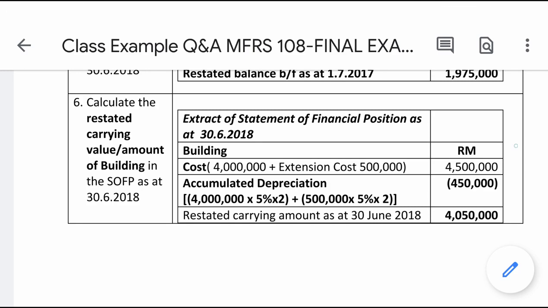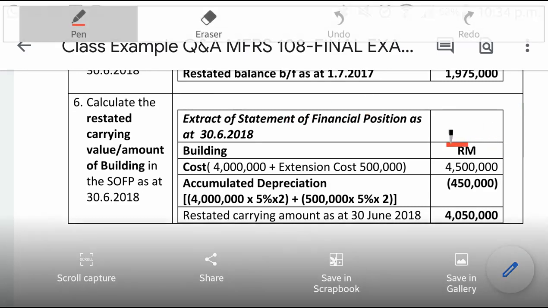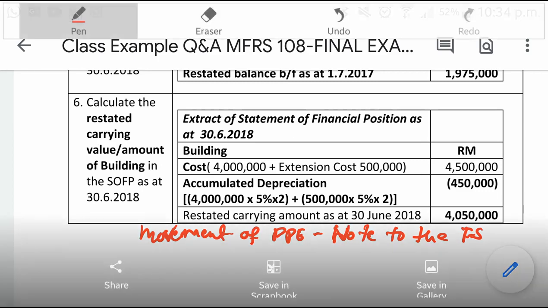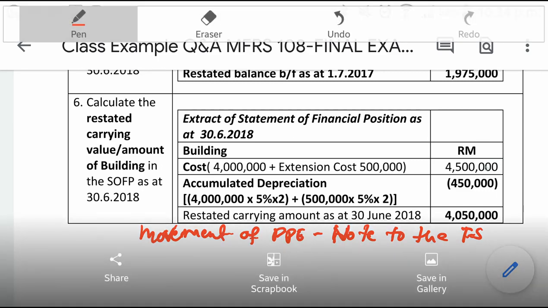So this is just the extract statement. Of course, it will affect movement of PPE, meaning that it will affect the notes to the financial statement. But in this question, we are not showing the effect of notes, so I'm just showing the effect of that in the PPE.